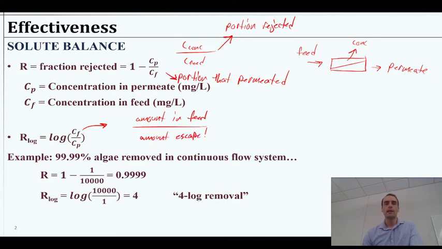So this is the inverse of the ratio that made it through, right? I don't know if there's a convenient way to say that, but imagine we have 10 to the 6 viruses per liter in the feed, divided by 1,000 viruses per liter that made it through.